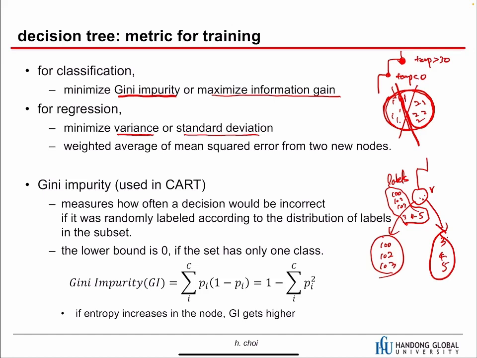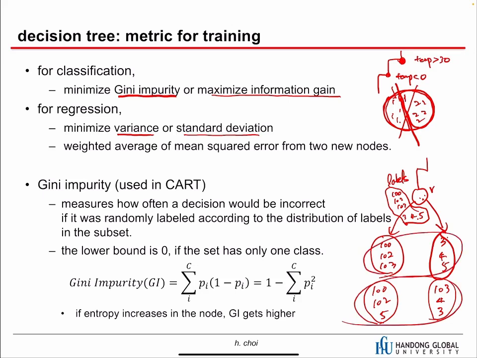If we split instead into 100, 102 and 5 here, and 103, 4 and 3 there, the variance is quite high in both cases. So instead of this split, the other one is better. This is the basic approach for regression.